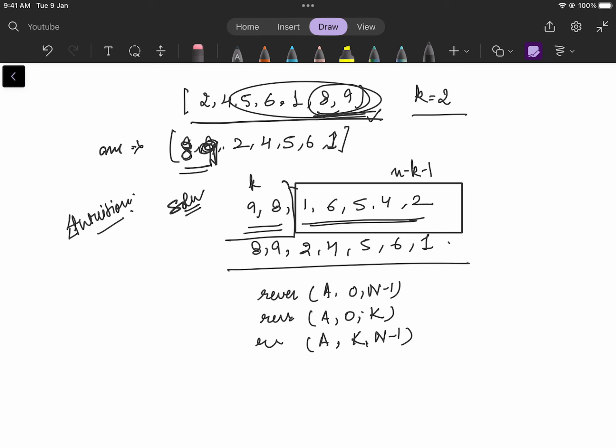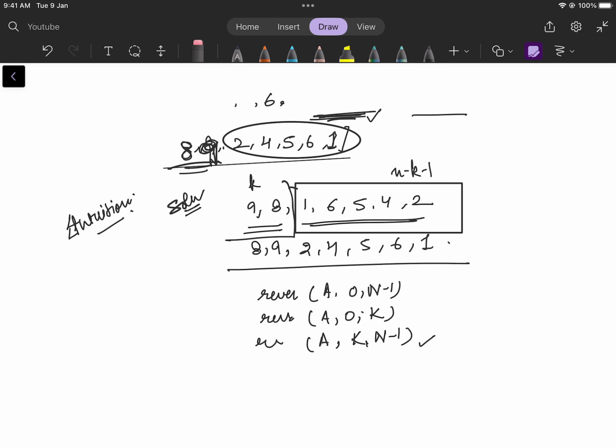In this way you can achieve your answer very easily. And if you are thinking about the intuition, I told you that you want these elements in first and these elements in last. So firstly you reverse the whole array, and then to maintain the correct order you need to reverse the first k elements and last n minus k elements. So I think it is clear.